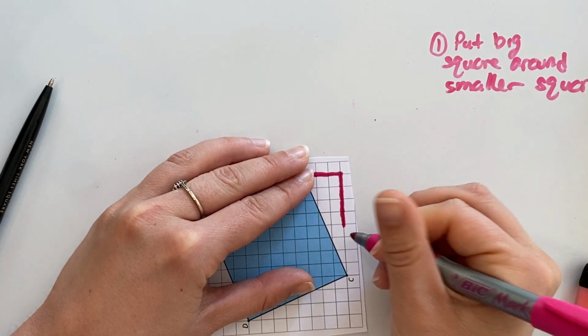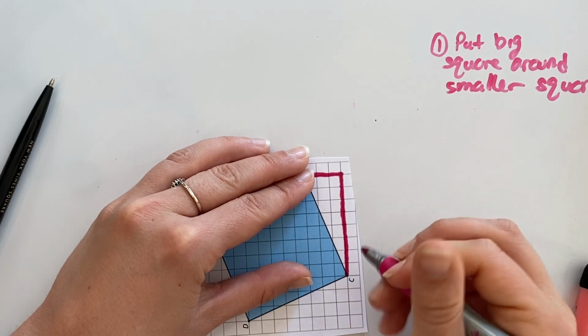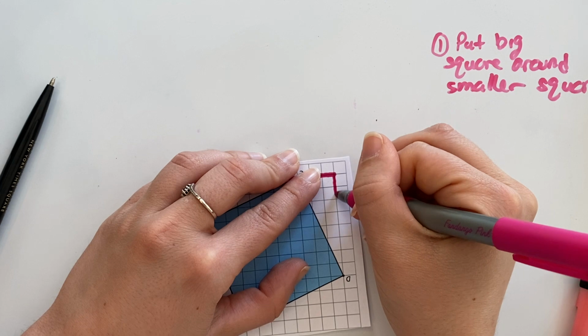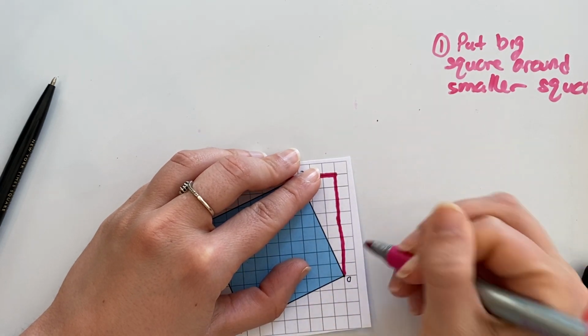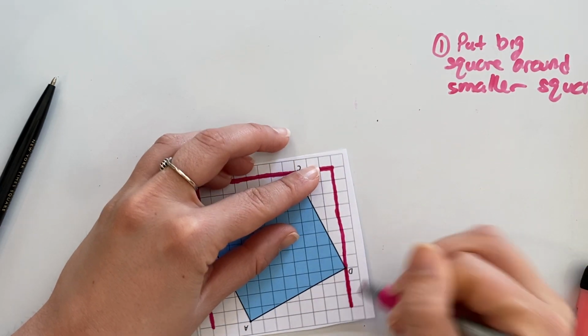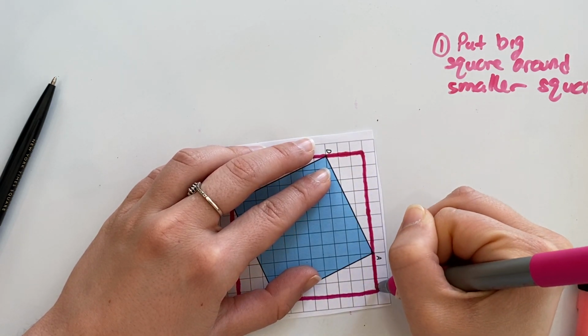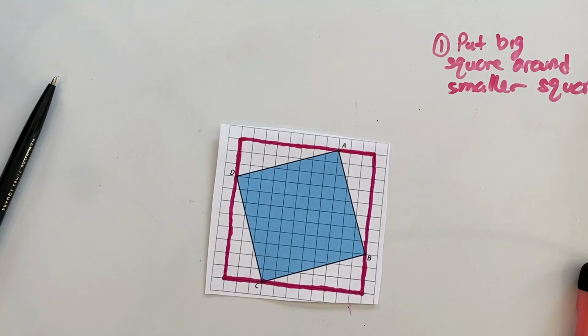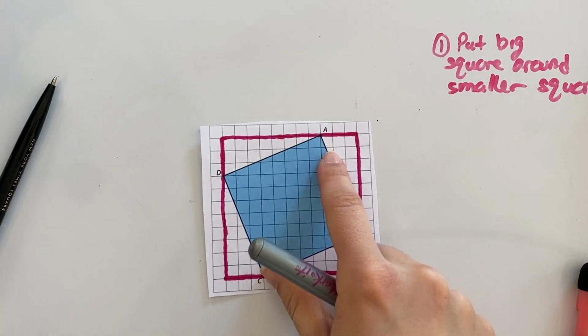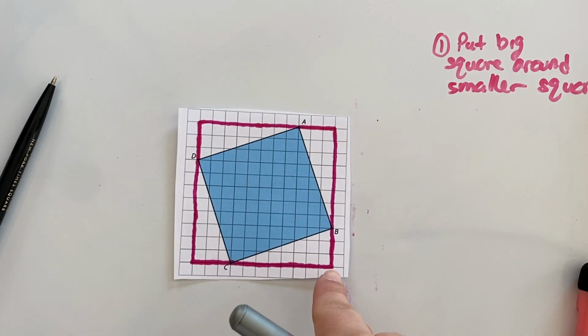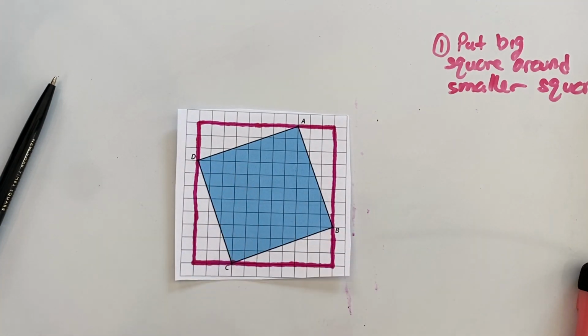Each of the vertices of the smaller square must touch the sides of my bigger square. So you'll know when to stop if it goes through the point. Okay, look at that. I created a bigger square around my smaller square.